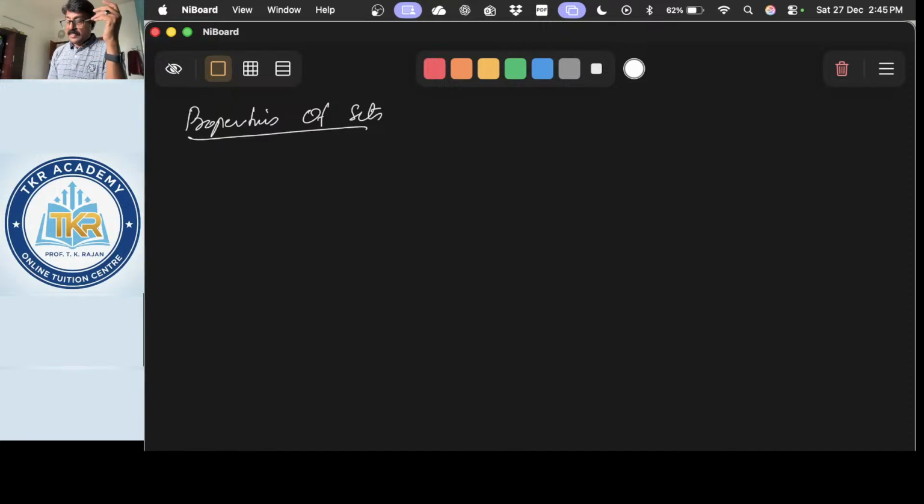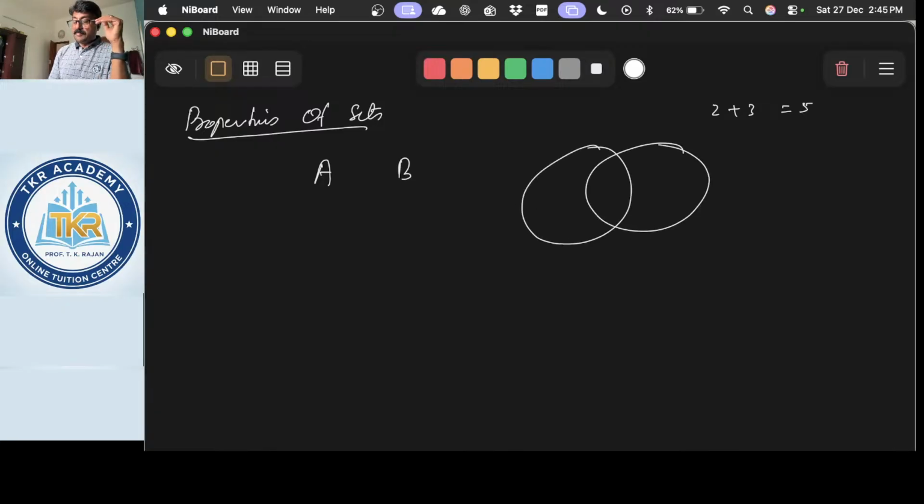As in the case of real numbers, where we add 2 and 3 and get 5, suppose we have two numbers a and b, can we add, can we subtract? Can we do such kinds of operations on sets? That is what we are seeking. Suppose we have two sets, A and B.